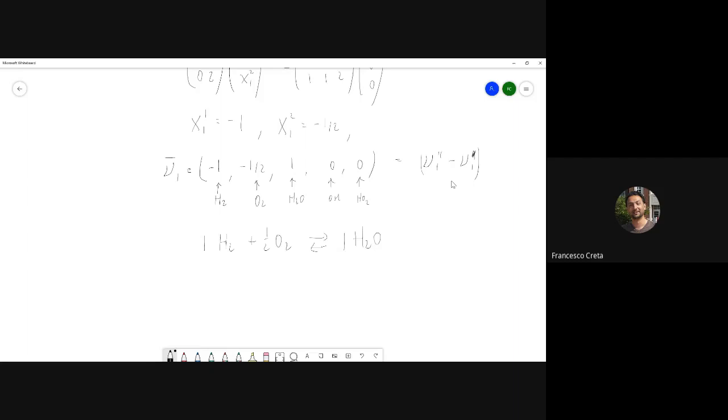I hope it's clear now how you can go from this to this, but you see now we have an element-conserving reaction, for which we can then later on write down a condition of equilibrium.